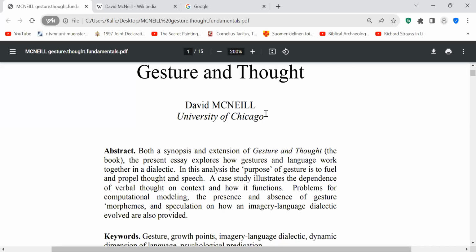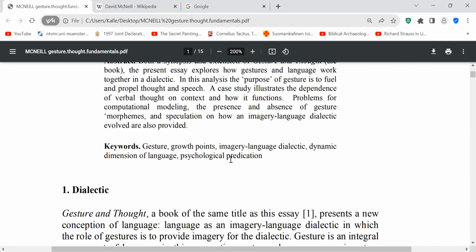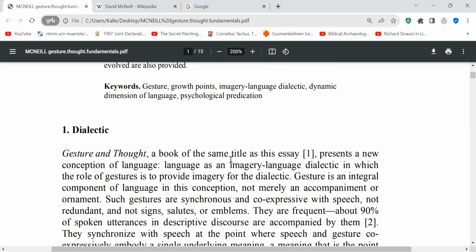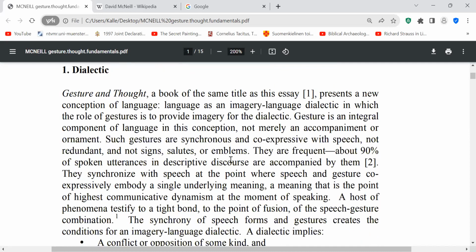Problems for computational modeling, the presence and absence of gesture morphemes, and speculation on how an imagery-language dialectic evolved are also provided.